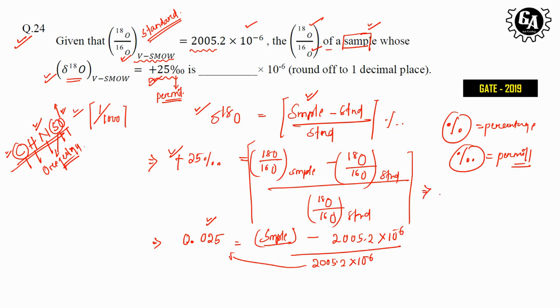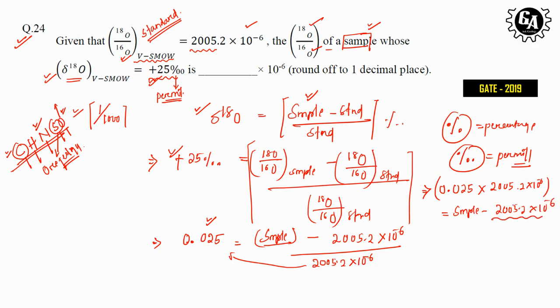So 0.025 into 2005.2 into 10 to the power minus 6 is equal to the sample minus 2005.2 into 10 to the power minus 6.